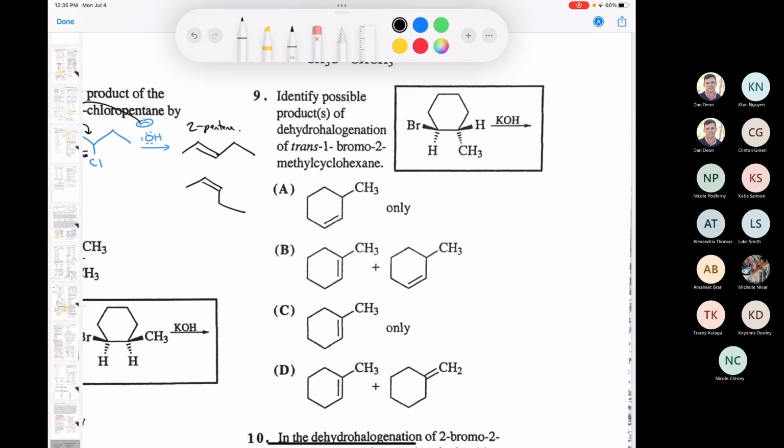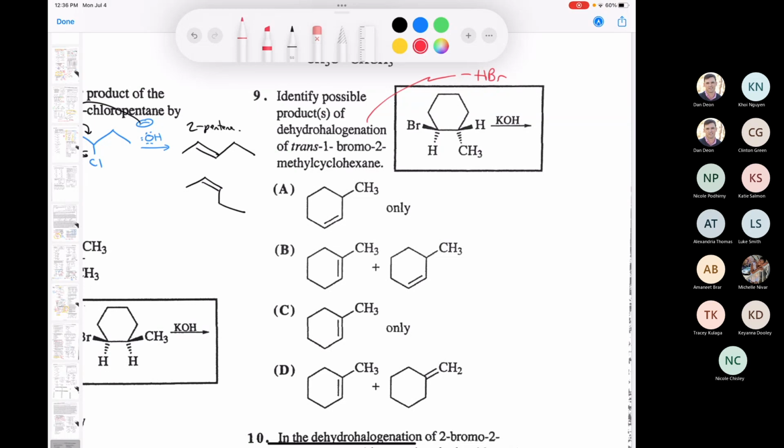Okay, so question number 9. It says, identify possible products of the dehydrohalogenation of trans 1-bromo-2-methylcyclohexene. So if we have this compound, we're doing dehydrohalogenation. That means we're going to be losing HBr.